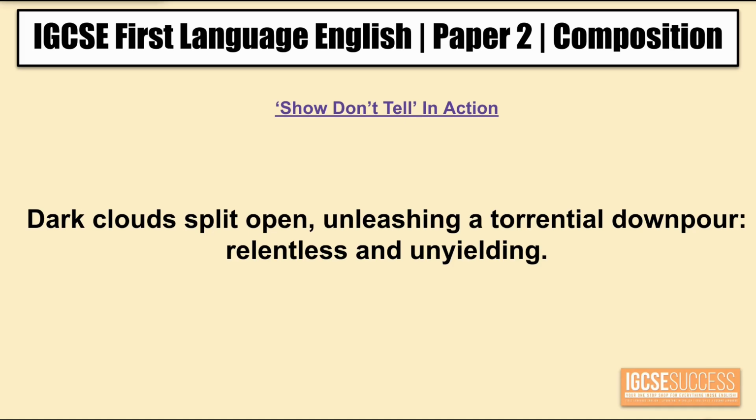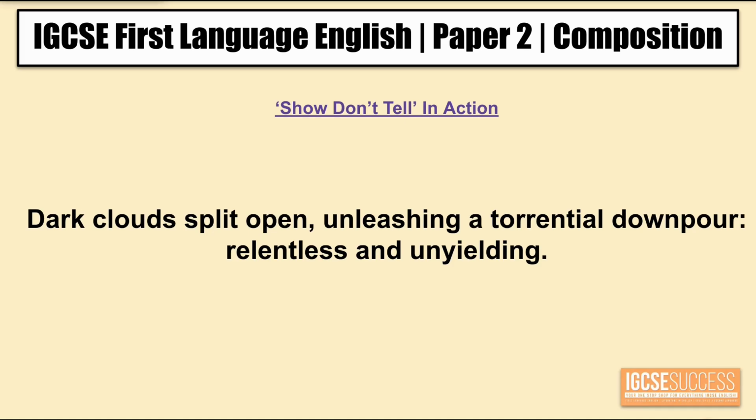These adjectives show that the rain is unrelenting, refusing to stop or let up, and it very much mirrors the previous action of unleashing, and ties the idea together, ensuring that we feel the full power of the downpour. The rain isn't just falling, it's overwhelming and leaving absolutely no room for escape or relief.